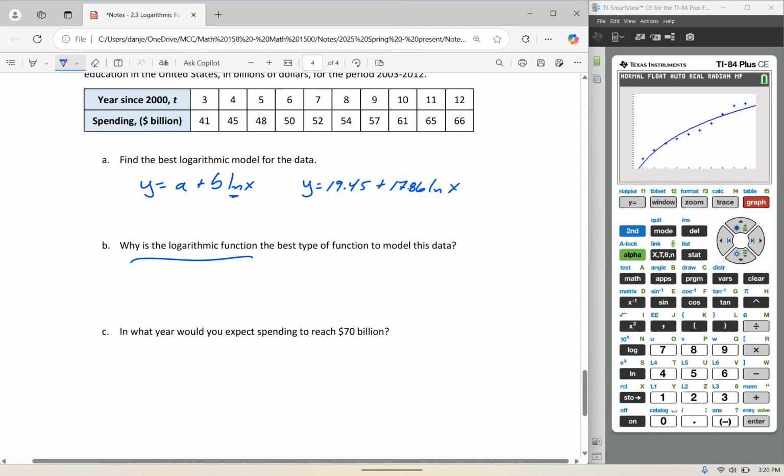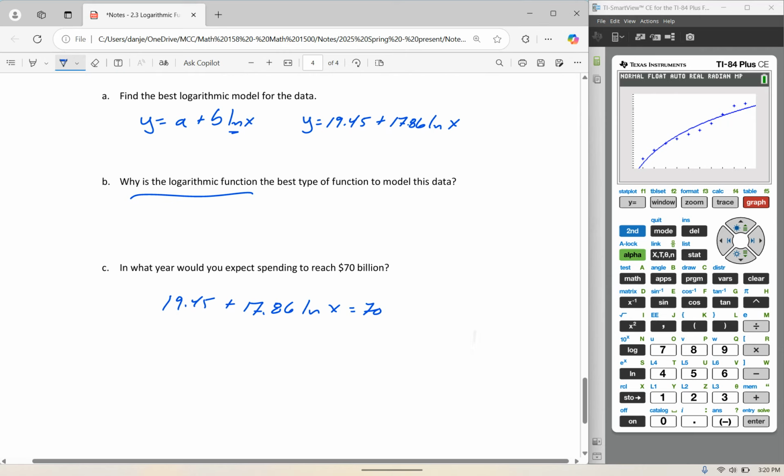In what year would I expect my spending to reach 70 billion? Okay, so my question would be, when do I expect y to equal 70 billion? So I would want 19.45 plus 17.86 natural log of x to equal 70.